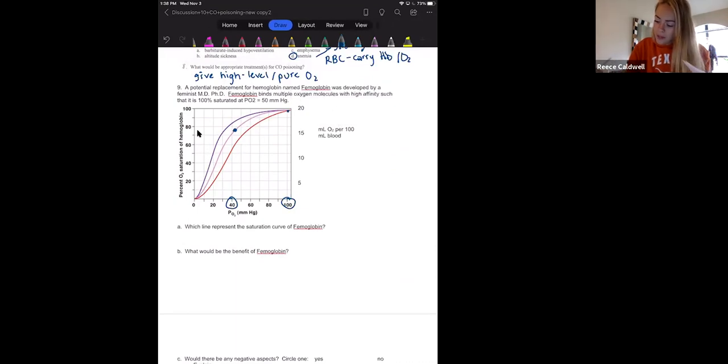And our hemoglobin is going to be this leftward shifted line because we have a much higher affinity. We're holding on to that oxygen a lot more tightly. So it will be the purple line or the left shift line.